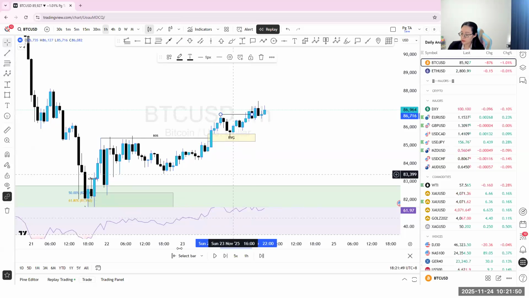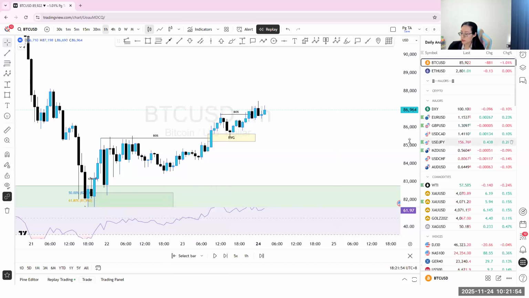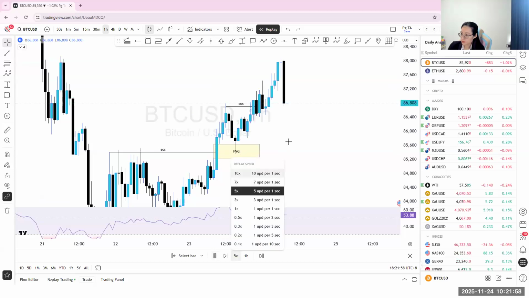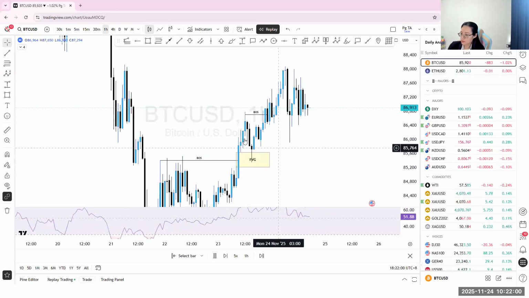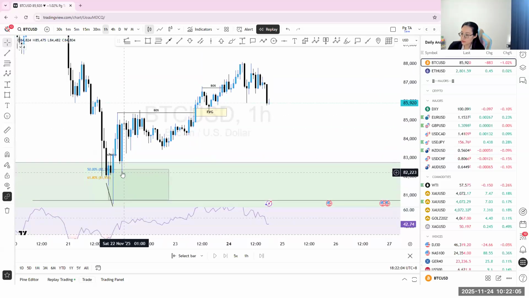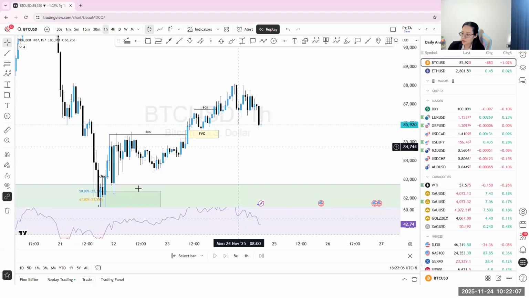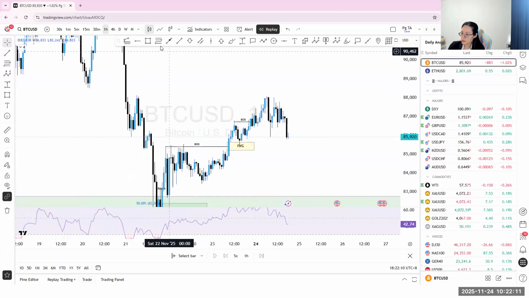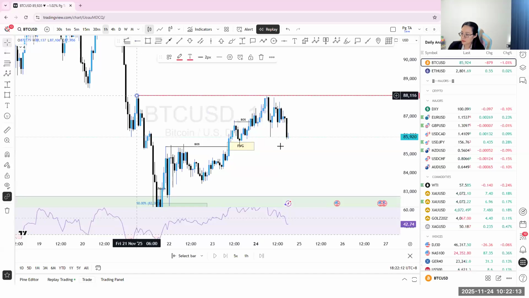Make another BOS here, break, and so on and so on. Right? That way we buy in here. You buy in here. And then you can do the trailing stop loss, trailing until it's doing fine.